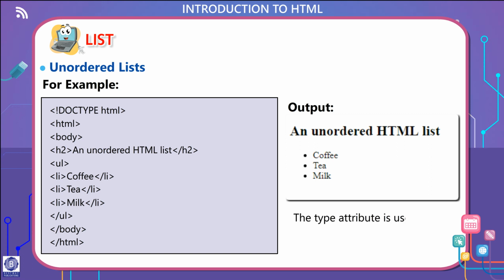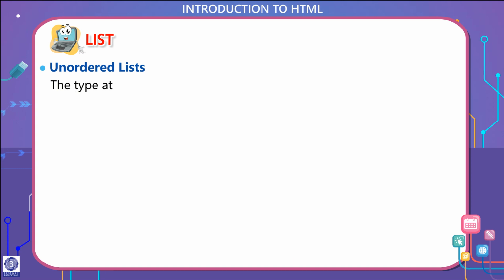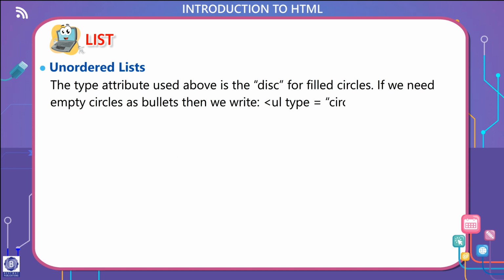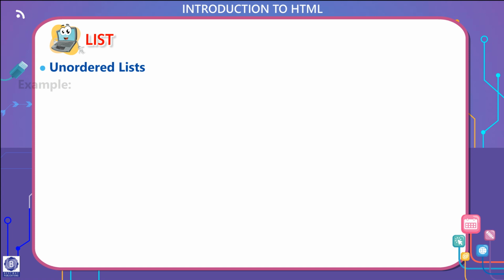The type attribute is used to specify the type of bullets to be used for each item in the list. The type attribute used above is the disk, for filled circles. If we need empty circles as bullets, then we write UL type is equal to circle in double quotes in place of UL initially.